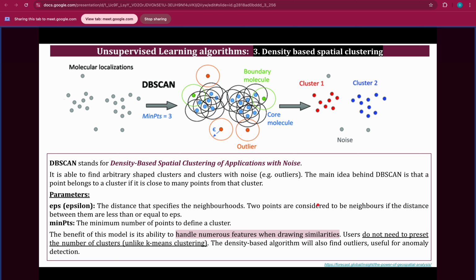And it can also handle numerous features when you are drawing similarities. In k-means clustering, you have to figure out how many clusters you want to see, but in this case you do not have to mention the number of clusters because on the basis of epsilon or the distance it will itself decide what the number of clusters should be.